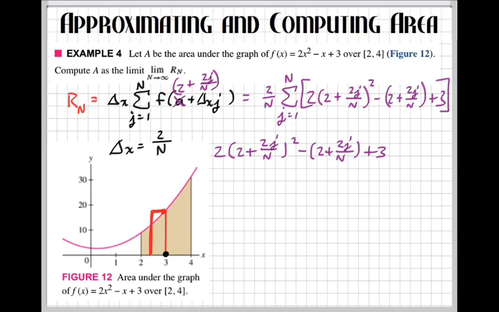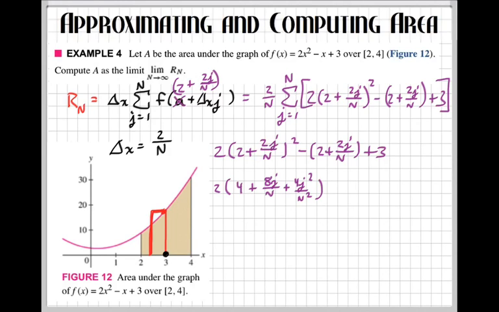Now I'm going to start simplifying. This is the second part, doing all the algebra to simplify the function. So this would be 2 times 4 plus 4j divided by n plus 4j divided by n, which simplifies to 8j divided by n, plus 4j squared divided by n squared.